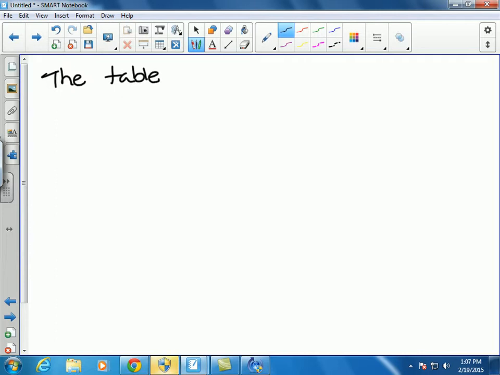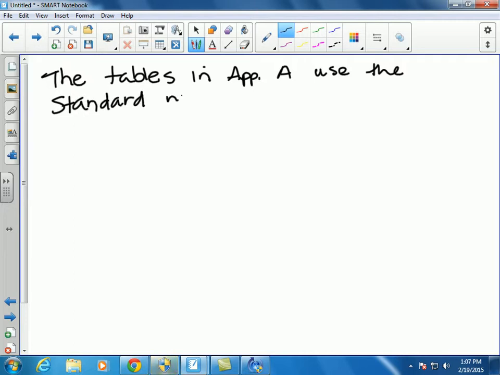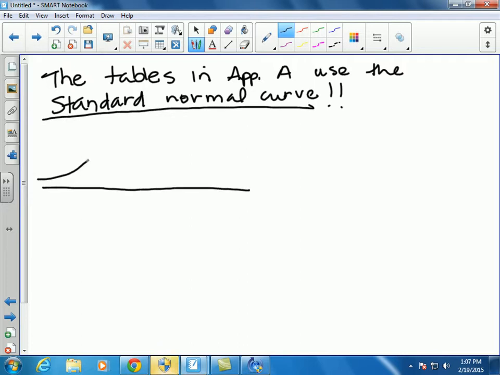The tables in Appendix A of your book use what we call the standard normal curve. The standard normal curve looks just like the normal curve, except that the mean is 0 and the standard deviation is 1.